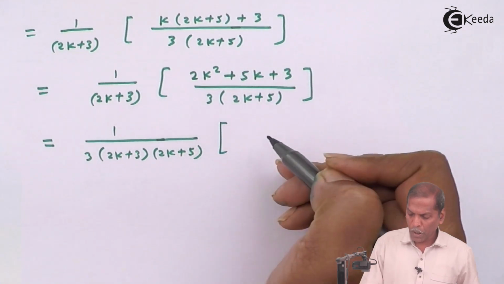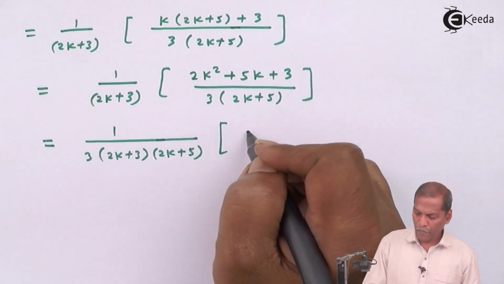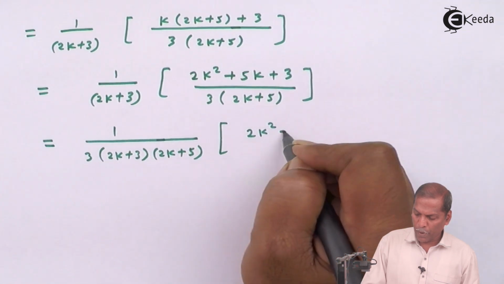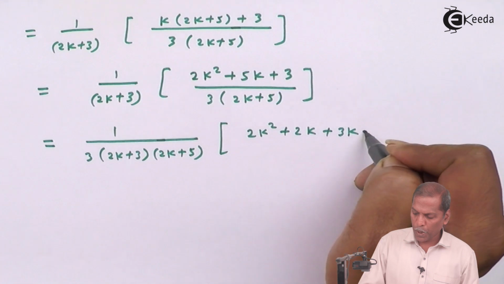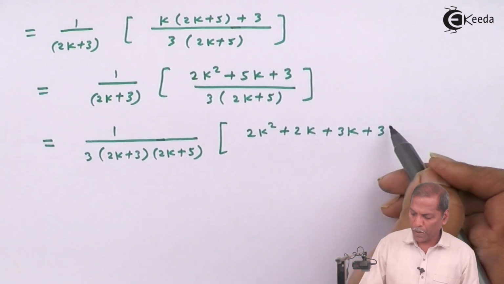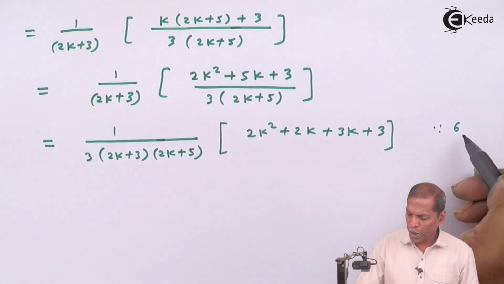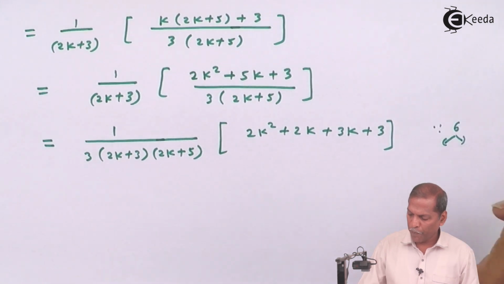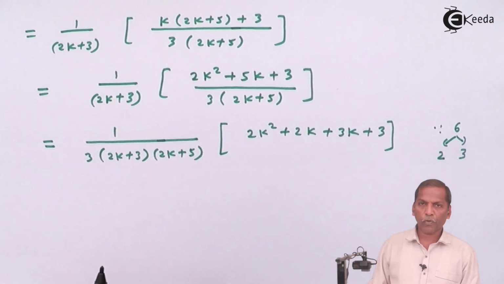So the terms present in the numerator can be written as 2k square plus 2k plus 3k plus 3, since 6 can be factorized as 2 into 3.